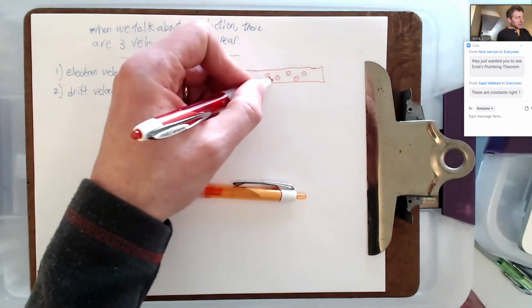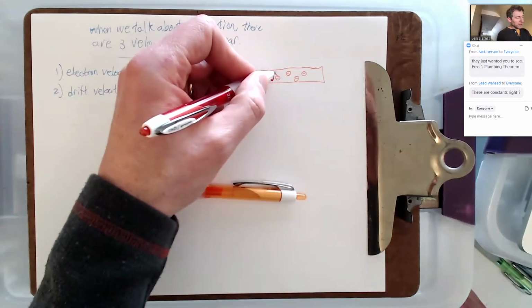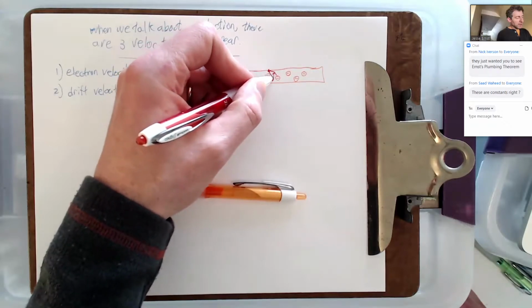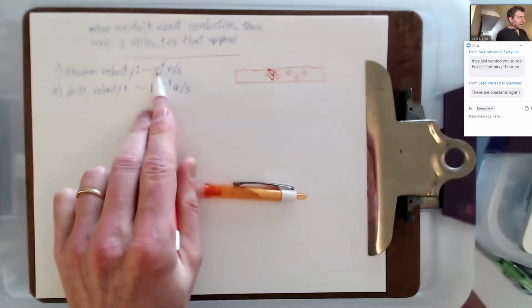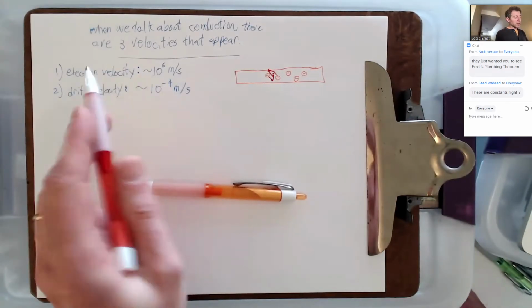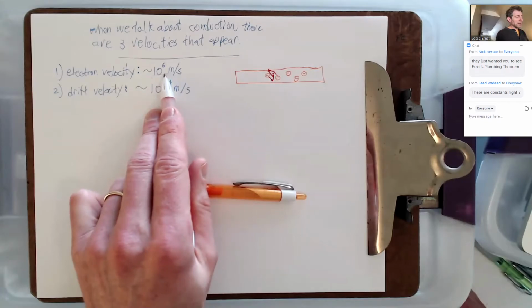This thing is zigzagging around in all directions. And the speed that it is moving is 10 to the 6th meters per second. So on the order of 1% the speed of light.